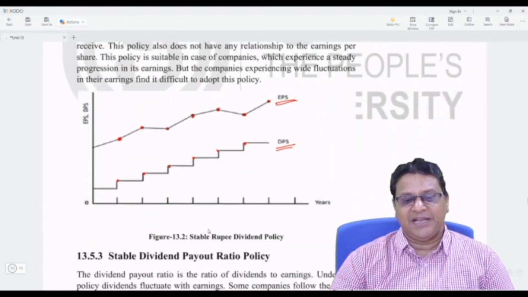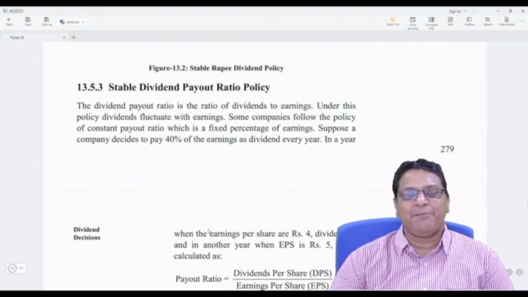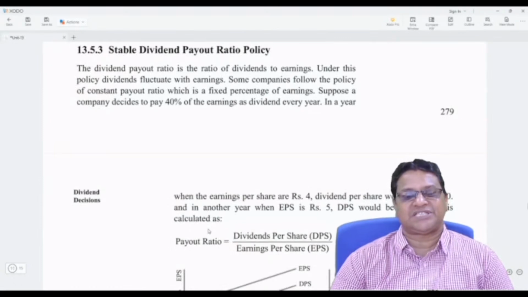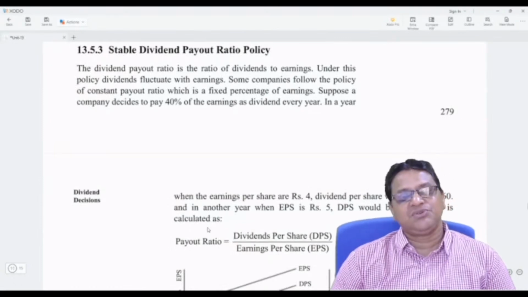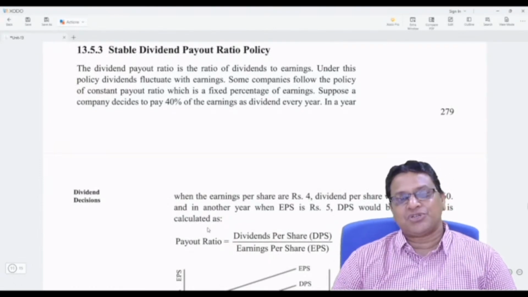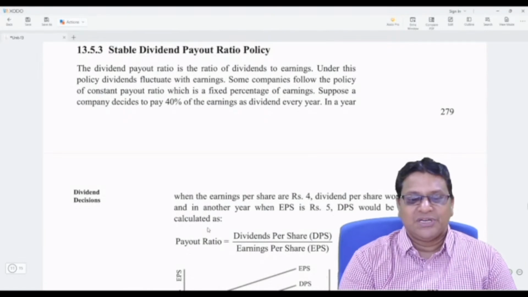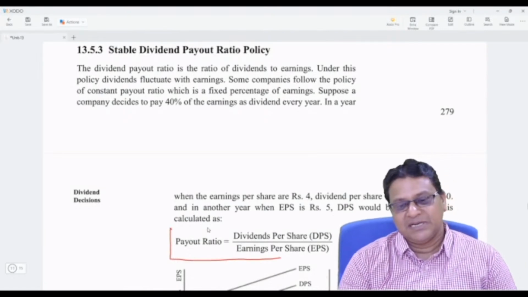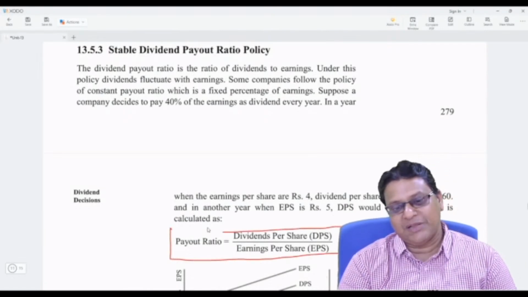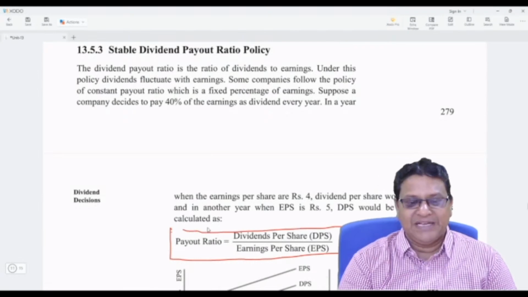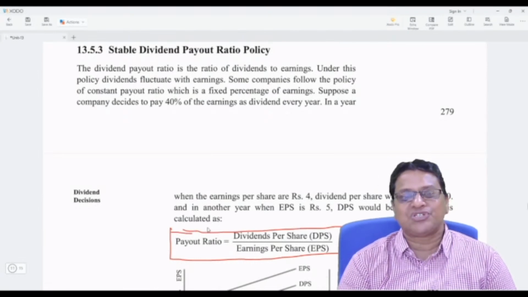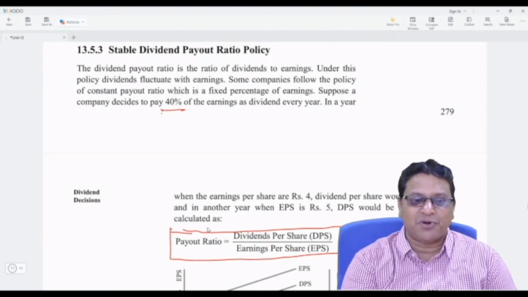Next, another variety of dividend policy is stable dividend payout ratio. What is payout ratio? Payout ratio means percentage of profit that is distributed as dividend. Payout ratio is equal to DPS by EPS, dividend per share by earning per share. If you maintain payout ratio constant, suppose your payout ratio is 40%.